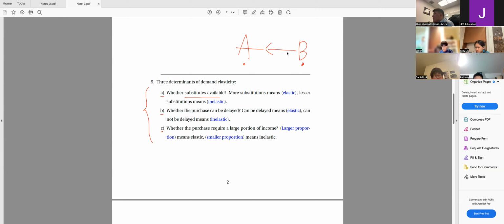If you can use B to replace A, for example, if you are considering purchasing a new smartphone, maybe you can choose iPhone, or you can choose maybe Samsung. If you think there's no big difference between iPhone and Samsung, then what will happen? Then you will not tolerate Apple company increasing the price every time they introduce their new iPhone, right?